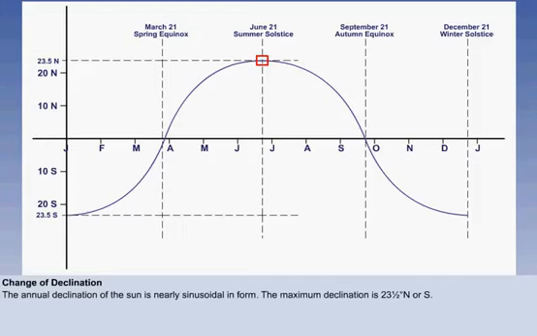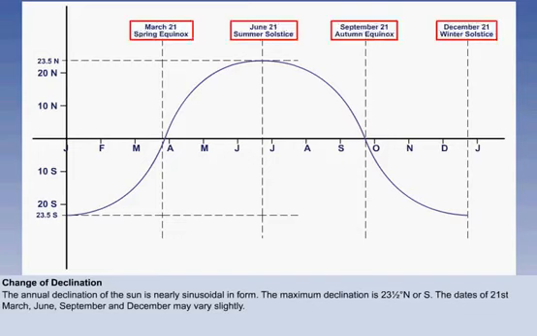Therefore, the rate of change of the length of daylight will be greatest at the spring and autumn equinoxes. At the summer and winter solstices, not only is it the flattest part of the curve, but it is also changing direction. There is hardly any change in declination, and therefore very little change in the length of the hours of daylight.